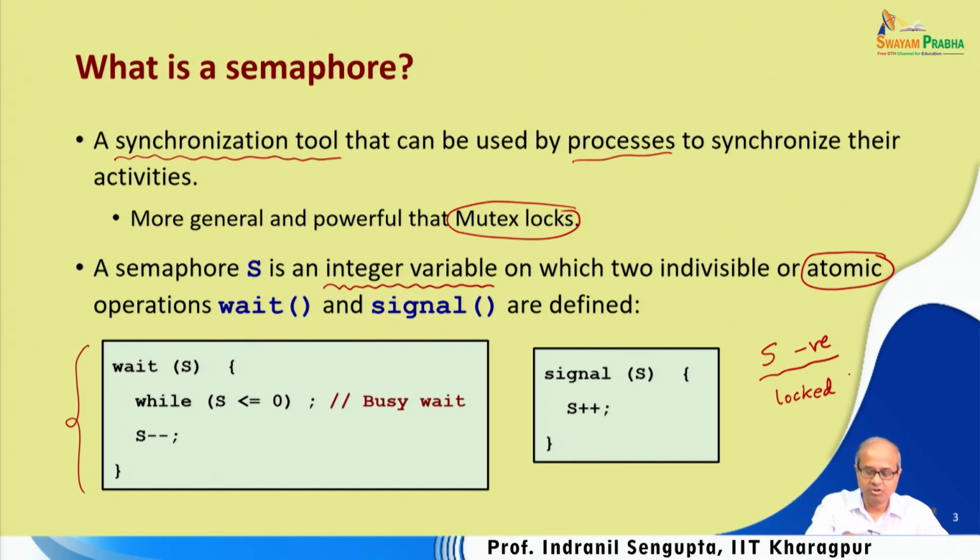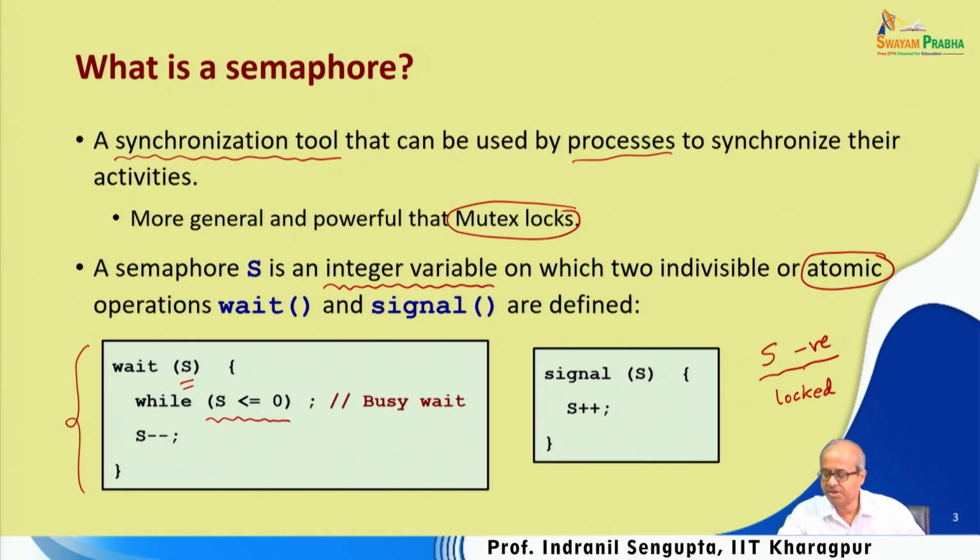So, let us look at the functions, what these functions say. First is a wait function which operates on the semaphore variable S. It checks whether the value of the semaphore is less than or equal to 0. If it is 0 or negative, which means it is locked.